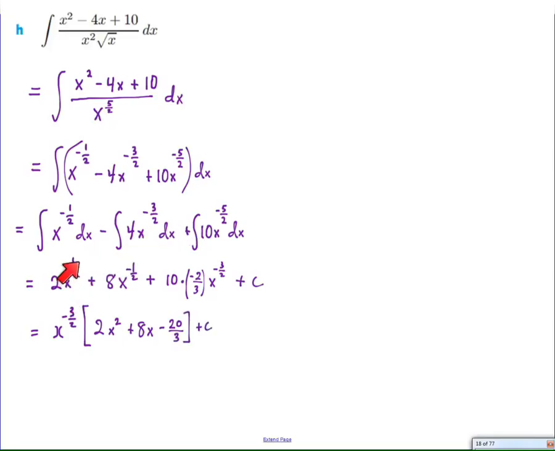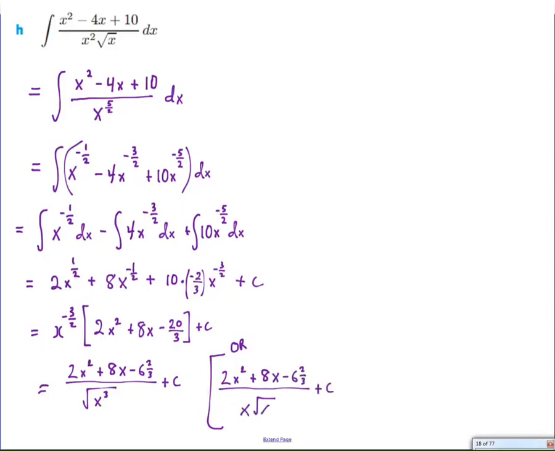But if you look at 1/2 minus 3 halves, or minus a negative 3 halves, which is plus 3 halves, that is 2. 1/2, negative 1/2 plus 3 halves is 1, and negative 3 halves plus 3 halves is 0, so it's x to the 0 here. Anyway, this being a negative exponent, I put it back into the denominator and put it back into radical form, which can alternatively be expressed this way.